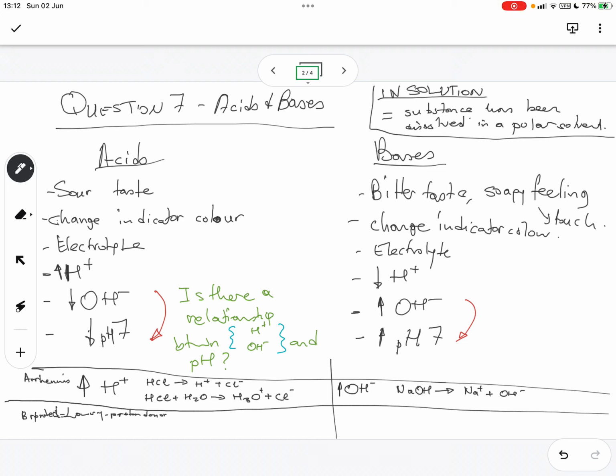The other one, HCl plus H2O, is H3O plus Cl minus. So it's the same reaction.